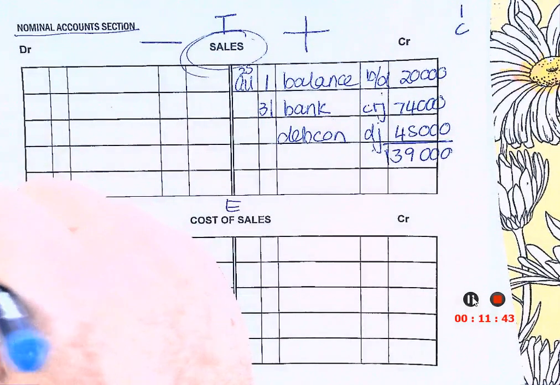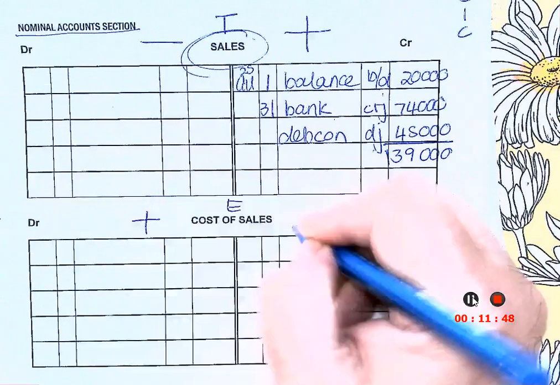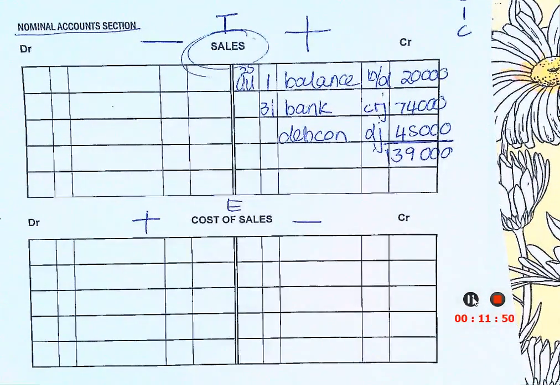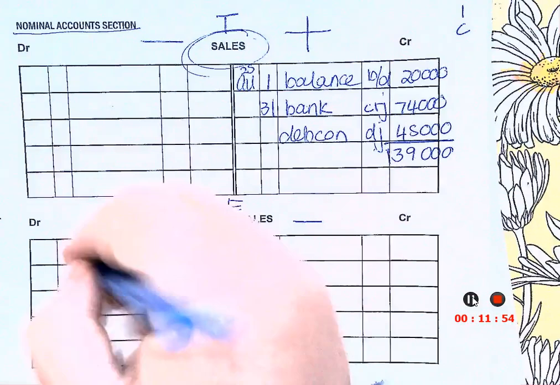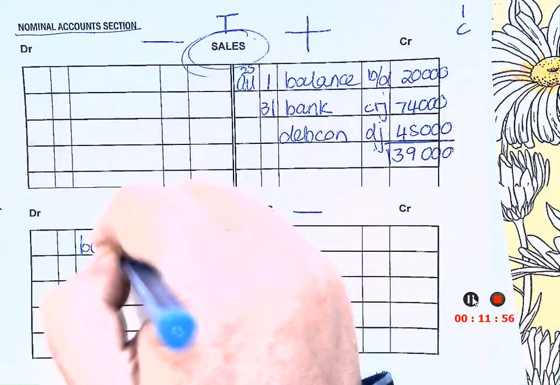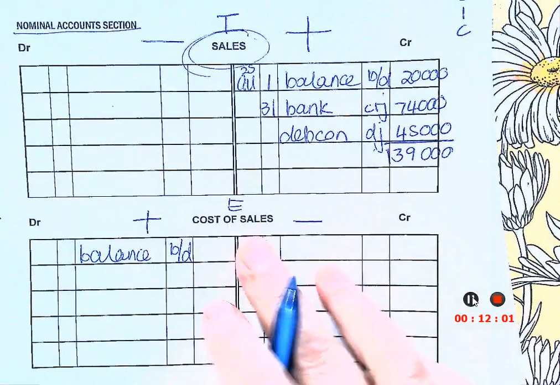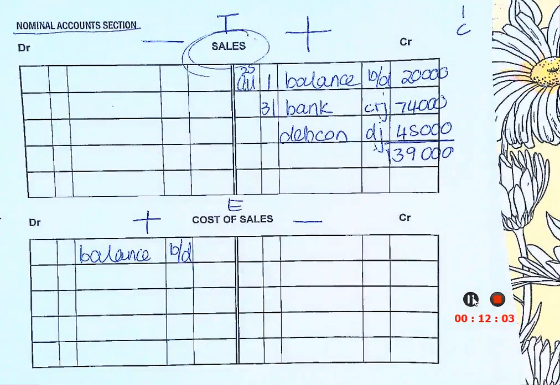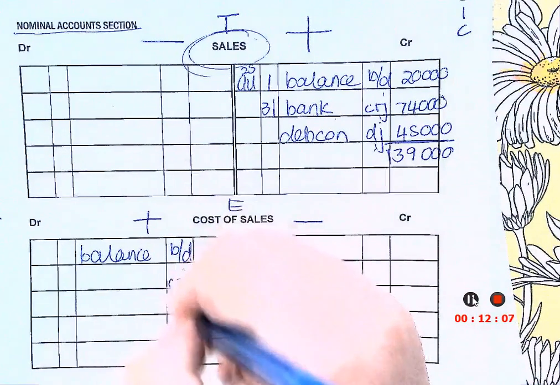And dead means it pluses on the debit side. Which means my balance is going to be on the debit side. And cost of sales is always the column right next to sales. So it will be the same journals, the CRJ and the DJ.